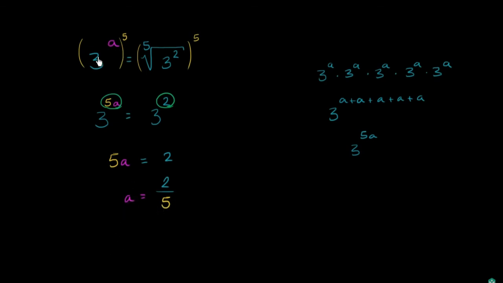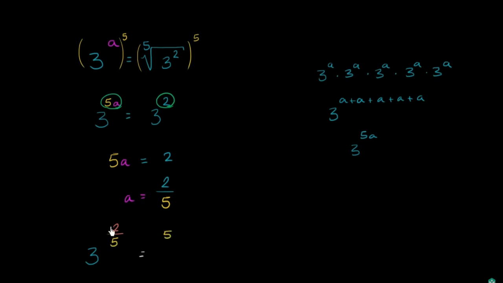And what's neat about this example, it kind of shows you the motivation for how we define rational exponents. So let's just put this back into the original expression. We've just solved for a, and we've gotten that 3 to the 2 over 5 power is equal to the 5th root of 3 squared.